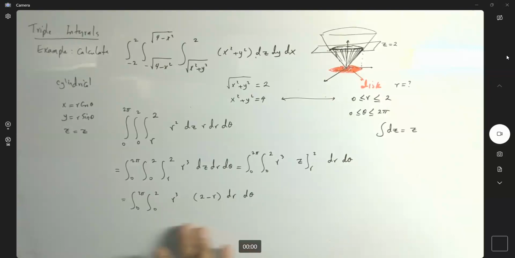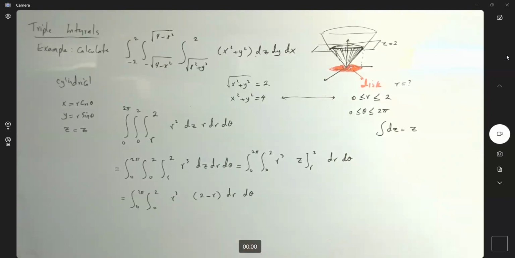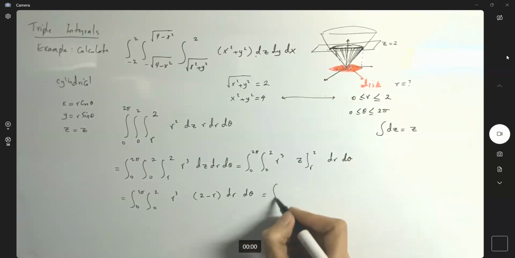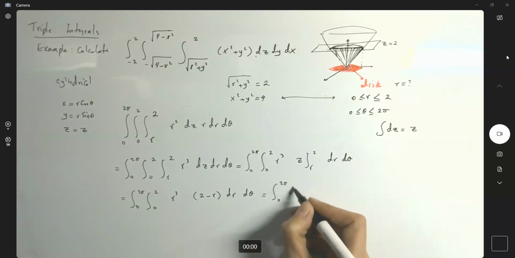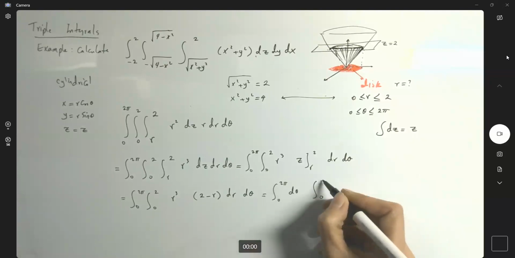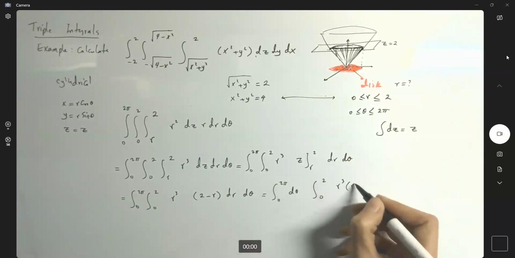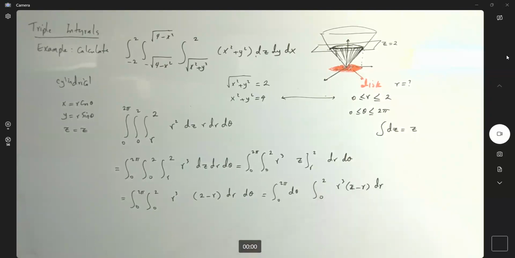You should be asking, can I separate these? Can I use Fubini's theorem? Of course, why not. This becomes the integral from 0 to 2 pi of d theta, and the integral from 0 to 2 of r cubed times 2 minus r, dr. So this is just 2 pi.